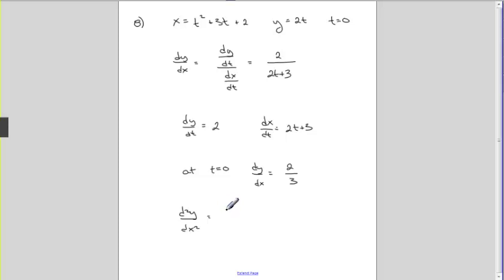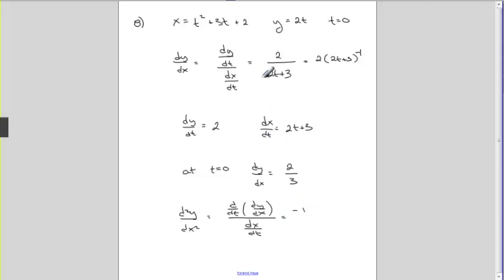But anyway, what we do is take the derivative with respect to time of dy/dx. This is a function of t, and we divide by dx/dt. If we take the derivative of this dy/dx with respect to t, and rewrite it, it'll be 2 times the quantity 2t plus 3 to the minus 1 power. When we take the derivative of that, we'll get negative 1.